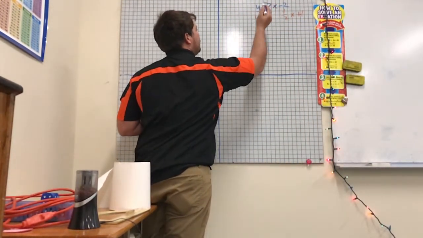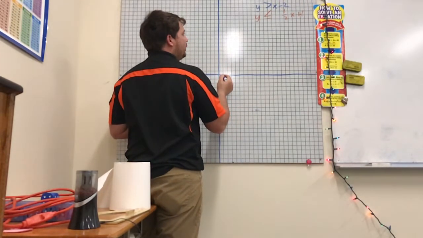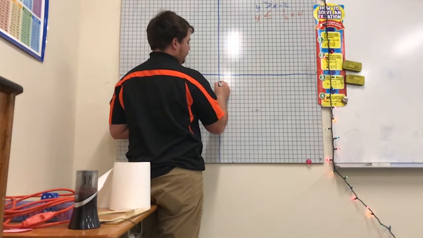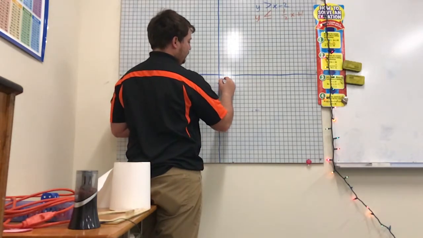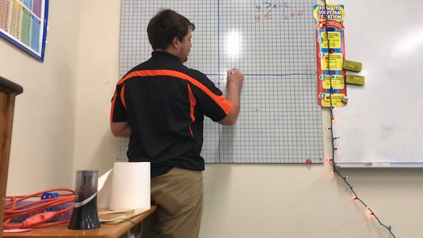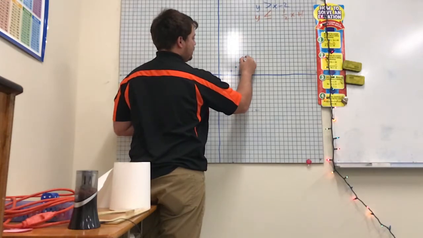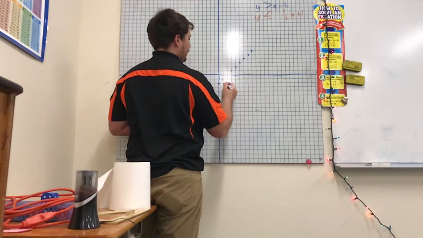We have to graph this. Now treat it like an equal sign. So my y-intercept would be negative 2, right? My slope is going to be 1 over 1.